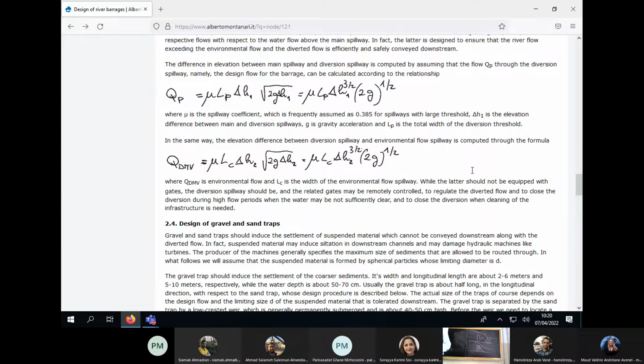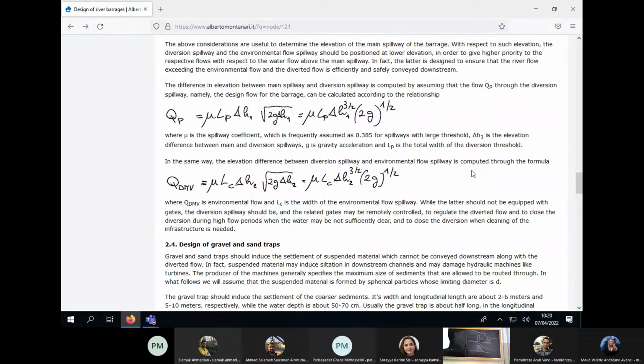So again, the purpose of this discussion, which lasted about a couple of hours or some more than a couple of hours, is to give you an example of a technical design, an example of how a structure, which is particularly used in the context of water resources management, can be designed with the focus on the hydraulic part of it.